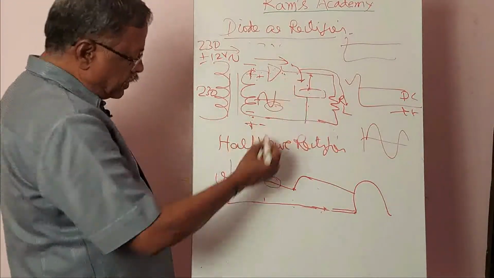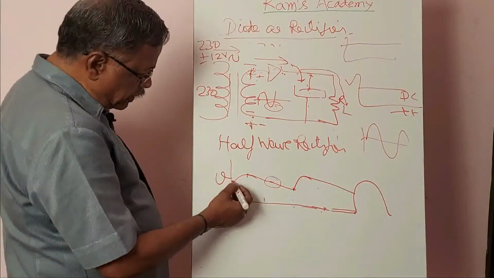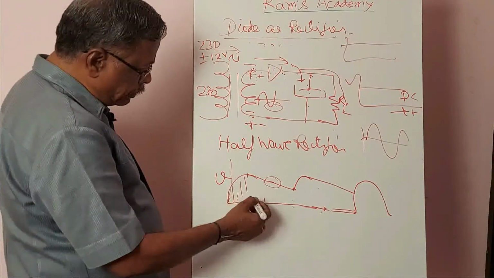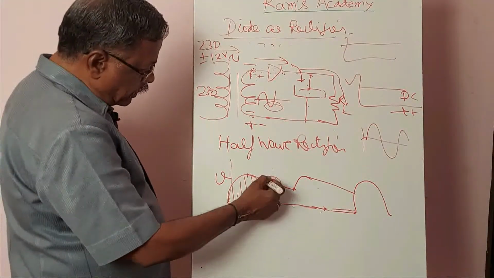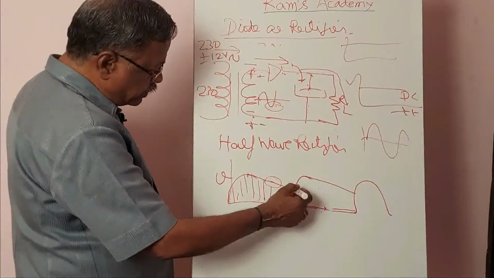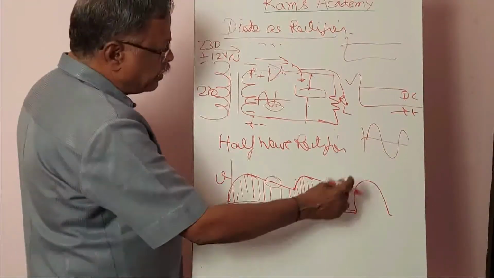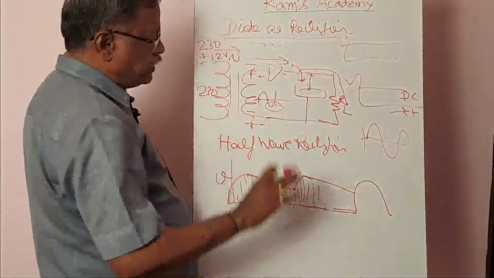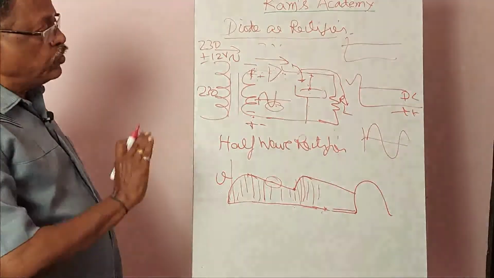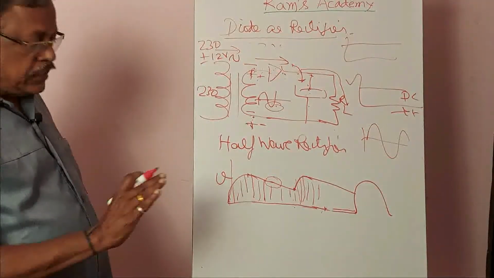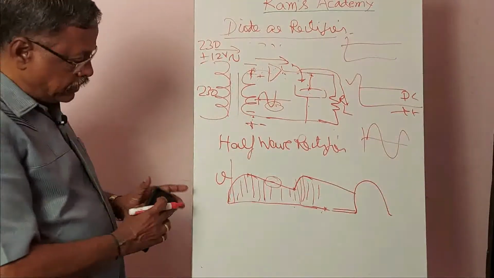Instead, the current is going to be minimum here, increase to the peak value, and then reduce here, and then increase again like that. The current through the load is not constant, but keeps going from one level to another level like this.